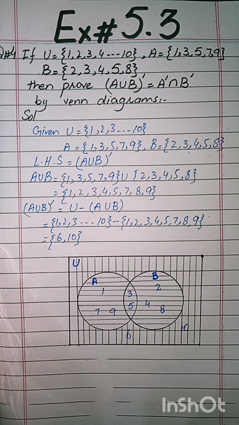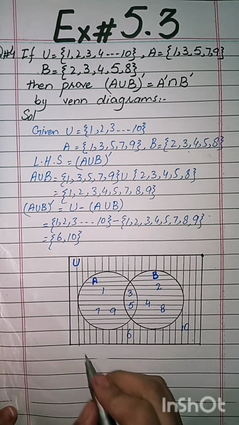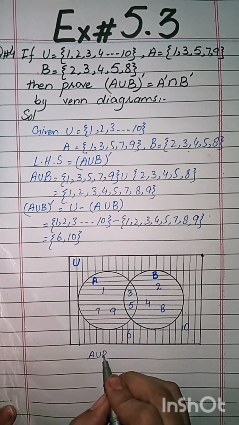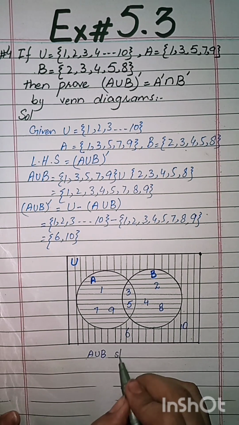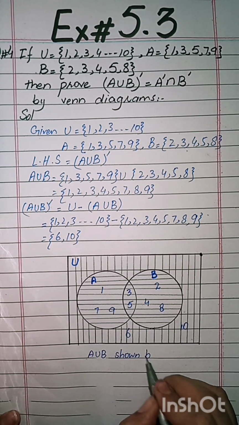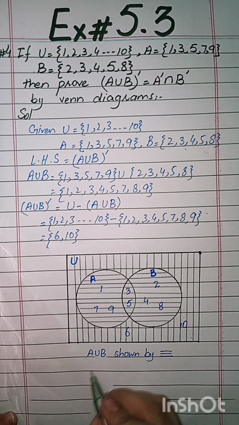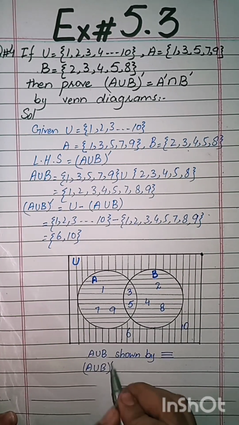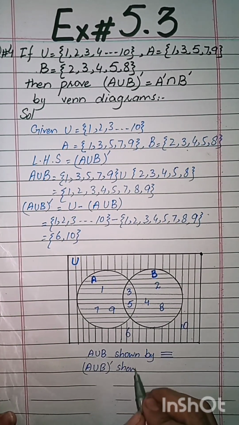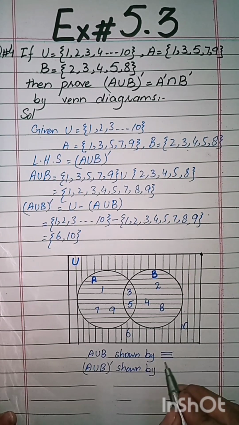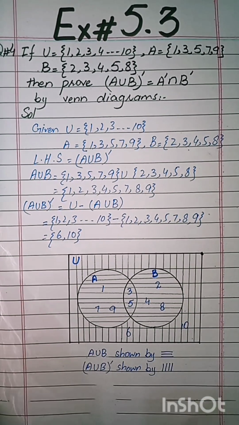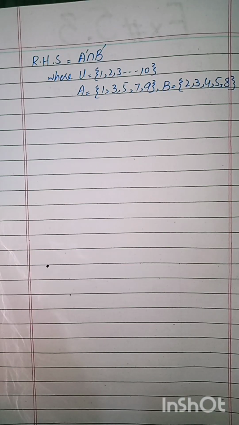Now we have to write A union B shown by horizontal lines and A union B whole complement shown by vertical lines. Now we have to solve its right hand side.